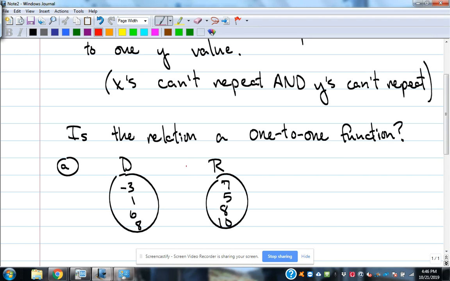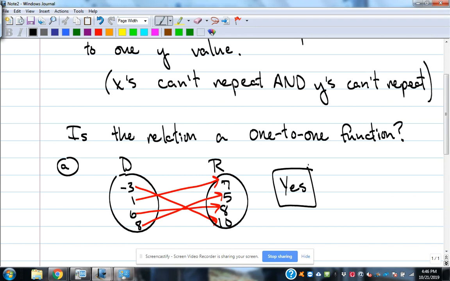And then the mapping is you just draw some lines to represent the ordered pairs. So -3 to 10, 1 to 7, 6 to 8, 8 to 5. Okay. So there we have a function represented there because none of the x's repeat, but there's also no repetition of any of the y's. So this is a one-to-one function because it doesn't repeat x's, it doesn't repeat y's.